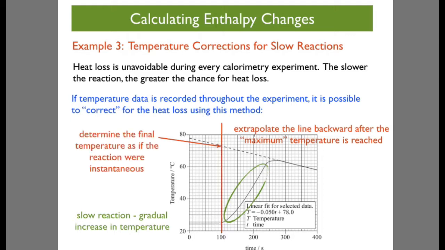And then you can determine the final temperature as if the reaction were instantaneous, which would be at about 73. So it went from, I don't know what that is, 25 or something, up to 73.